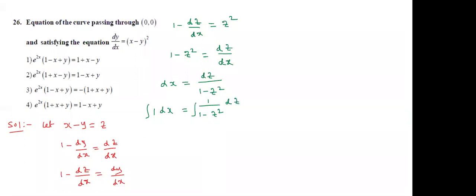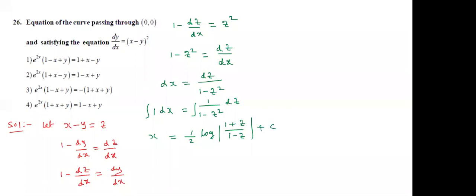Integration 1 dx is x, that is equal to, what is integration 1 by 1 minus z square, that is 1 by 2 logarithm of (1 plus z) by (1 minus z) plus c.